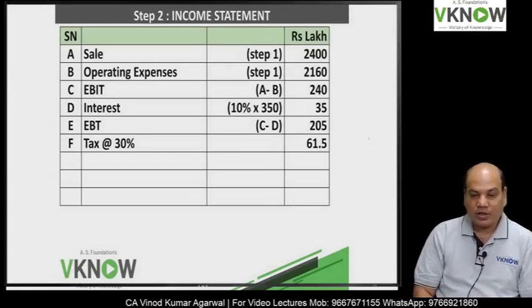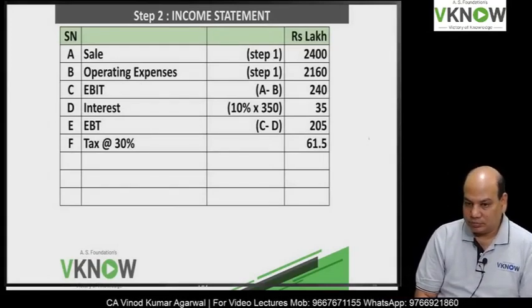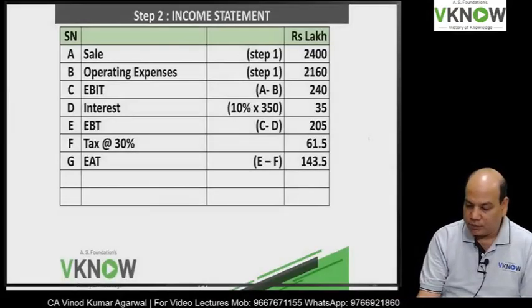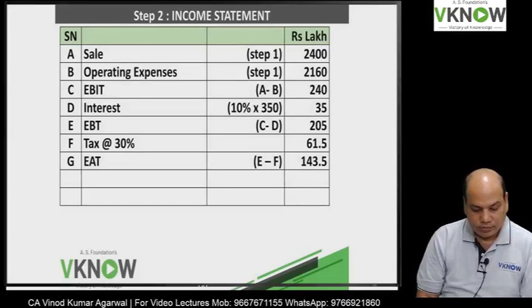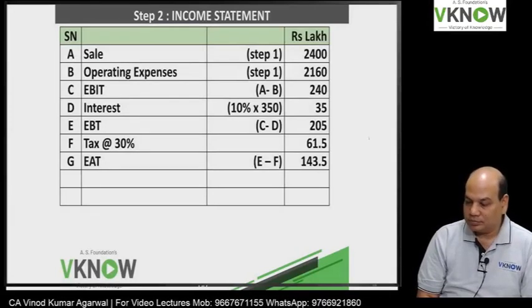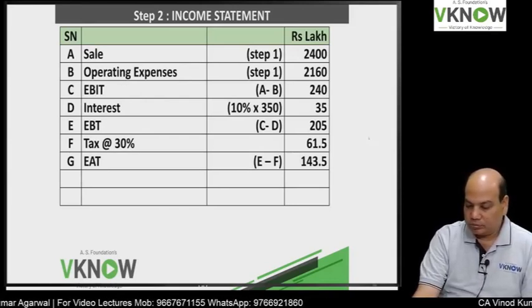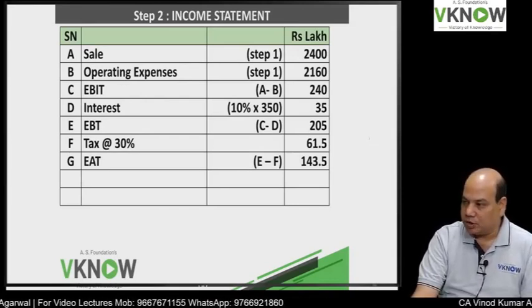Point F, tax at the rate of 30%, so tax is 61.5. Earning after tax, E minus F: 143.5.